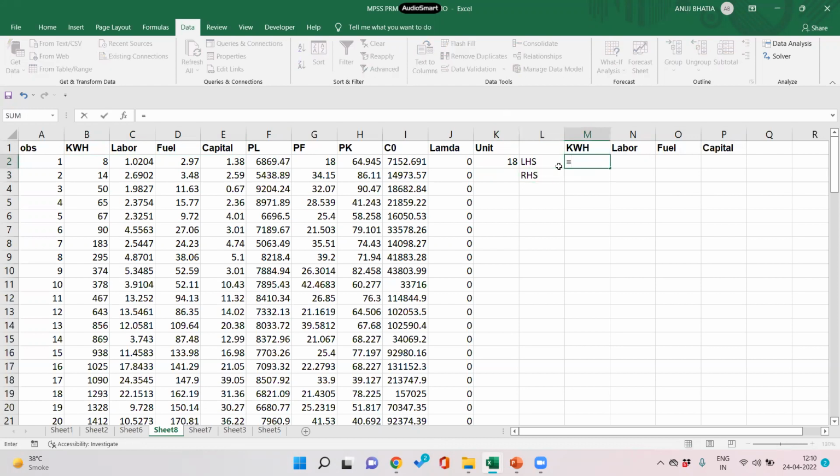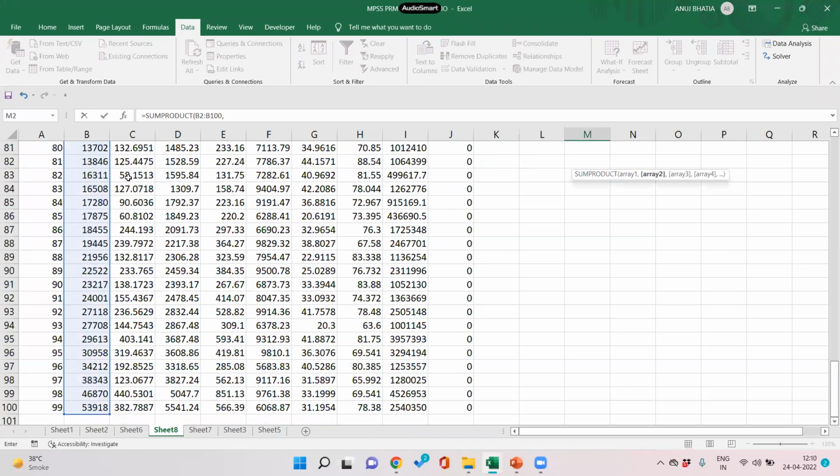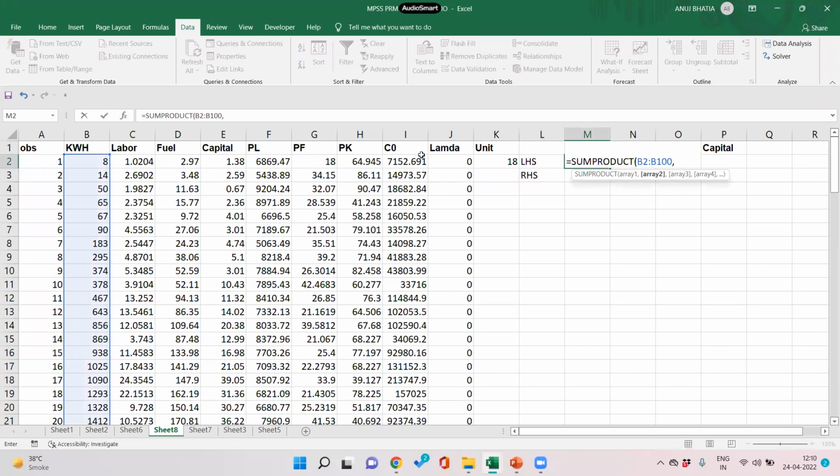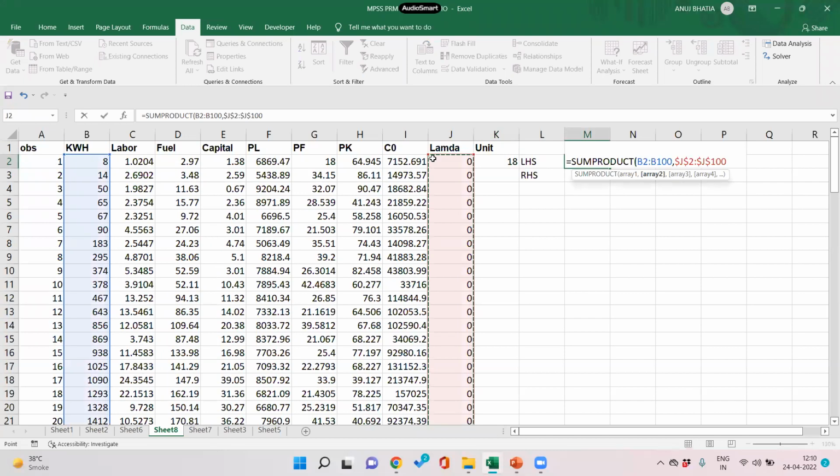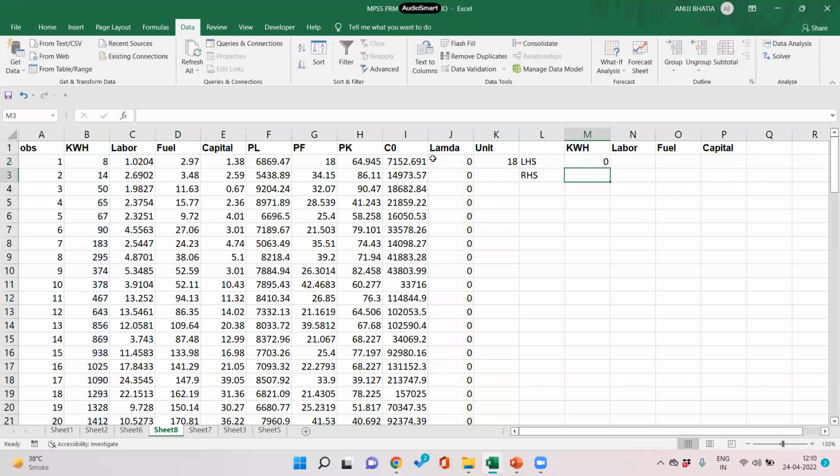Left hand side is the sum product of output and lambda weights. We press F4 so that it becomes fixed and we can drag it. This is simple. Sum product of labor and lambda, sum product of fuel and lambda weights, and so on.